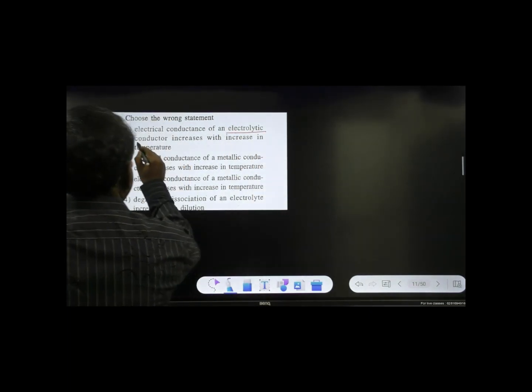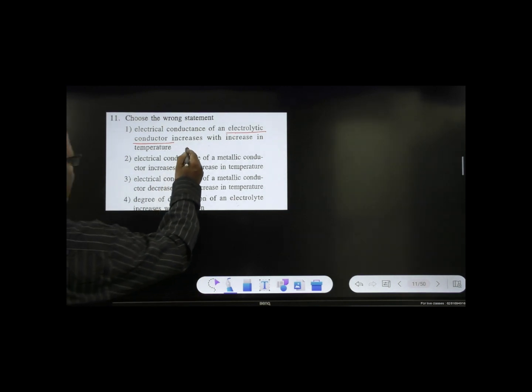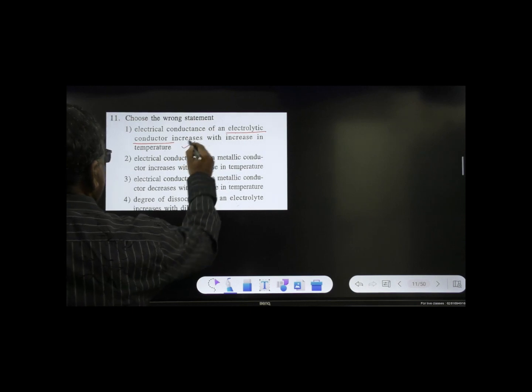Electrolytic conductor means ionic compounds. Ionic compounds ionize to give ions. So, with increase of temperature, the dissociation of ions will increase. When dissociation increases, the number of ions increases, so conductance will increase. So, electrical conductance increases with increase in temperature. So, this is a correct statement.